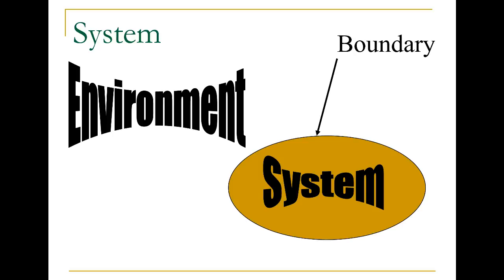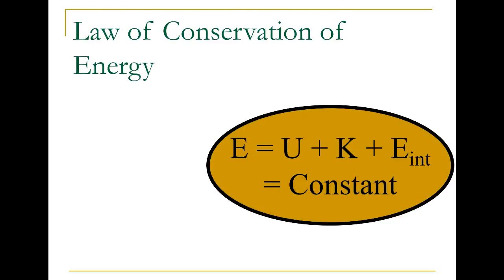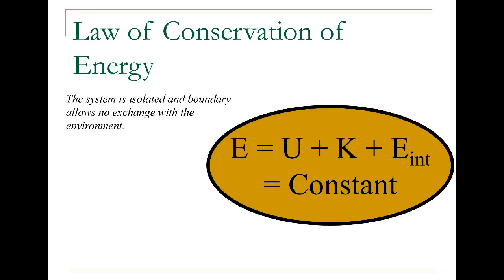Now, conservation of energy tells us that inside of our system, if it's isolated, okay, and the boundary is like a fence that keeps everything in, then we could write that the total energy is equal to potential plus kinetic plus internal energy. Now this internal energy has to do with the individual motion of the molecules.